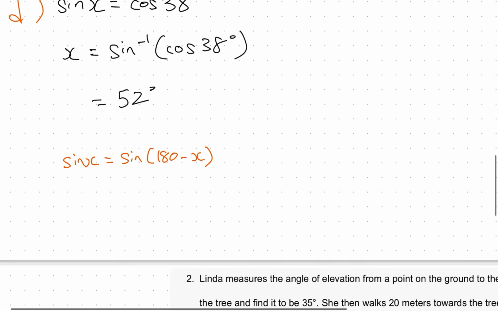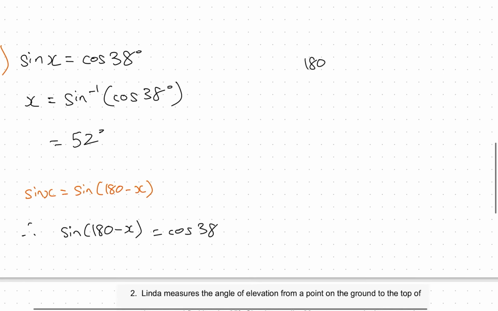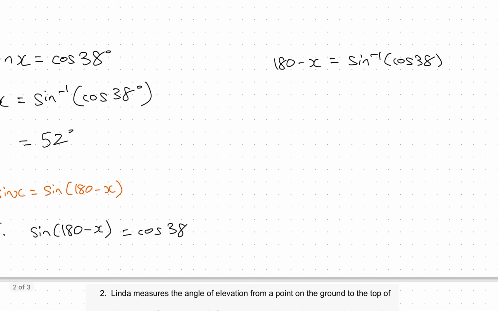So sine of 180 minus x can also equal cosine 38. So 180 minus x equals sine inverse of cosine 38, which equals 52. So negative x equals 52 minus 180, so x equals 128 degrees. These are our two answers.